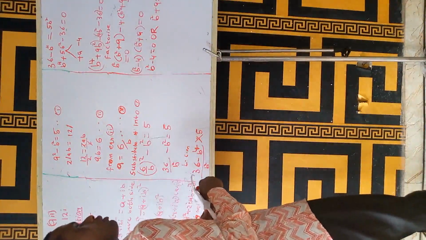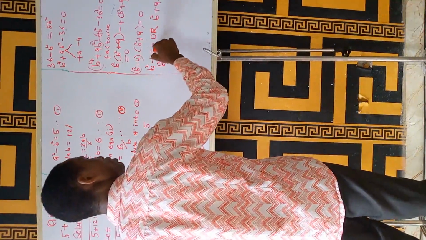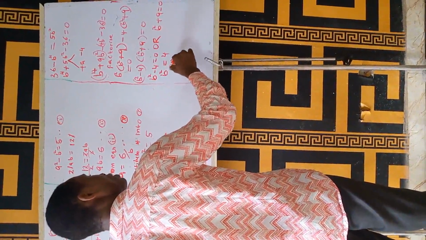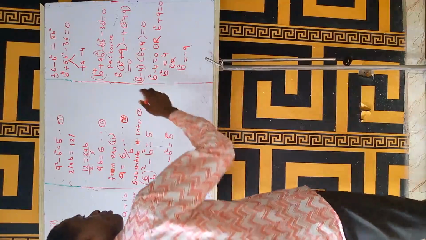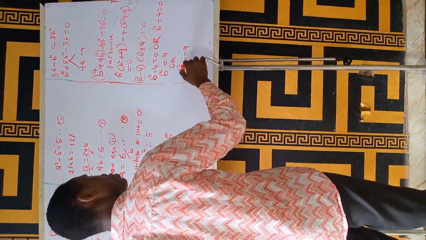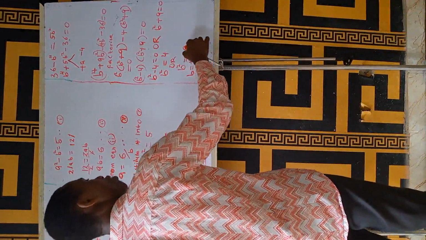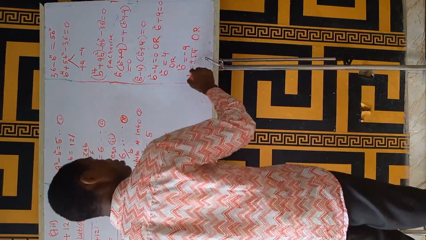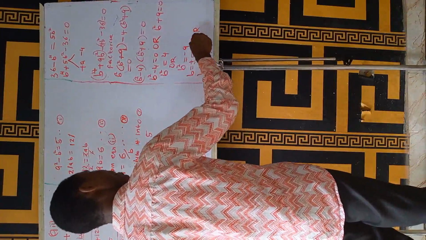And when you have something like this, your b squared can equal 4, or b squared equals minus 9. Definitely your b will now equal plus or minus square root of 4, or b equals plus or minus square root of minus 9.